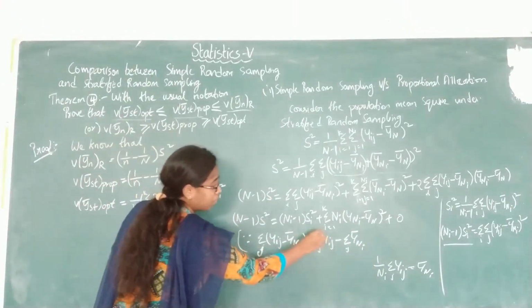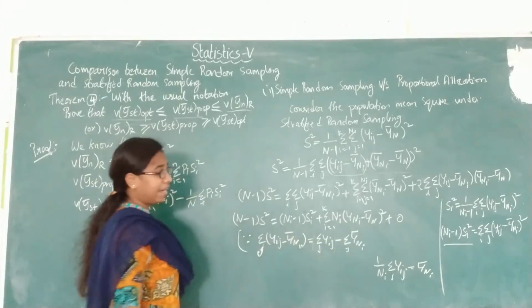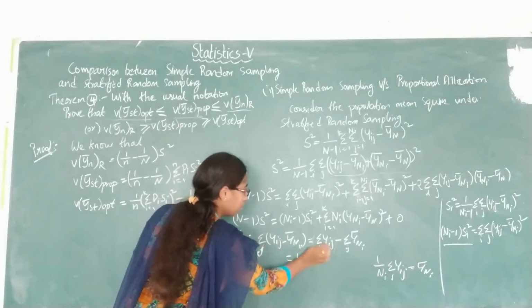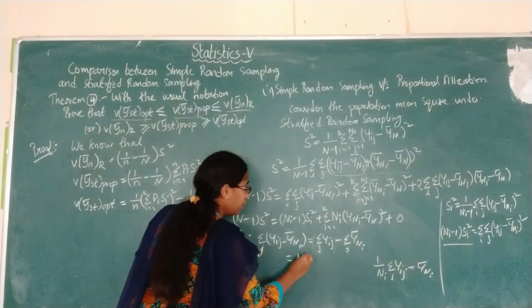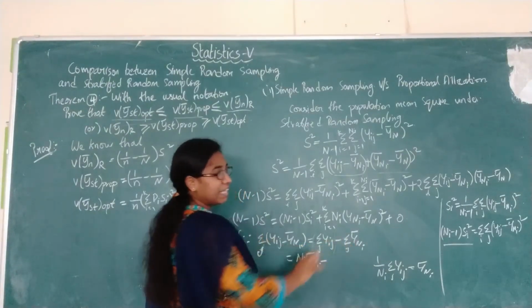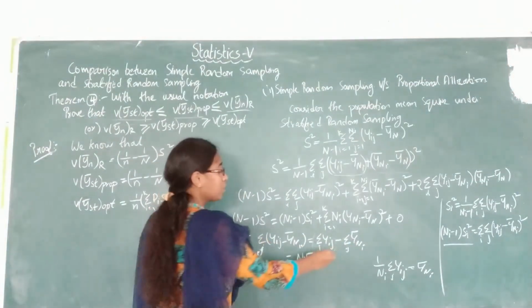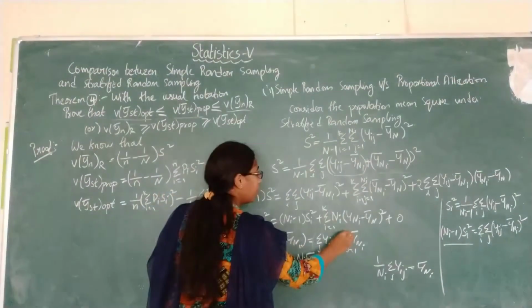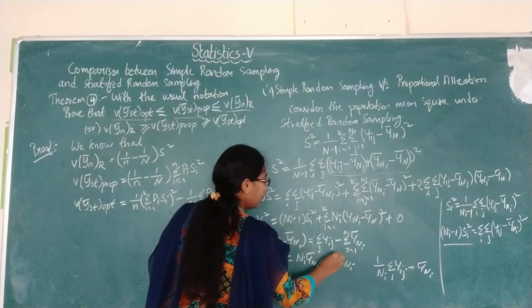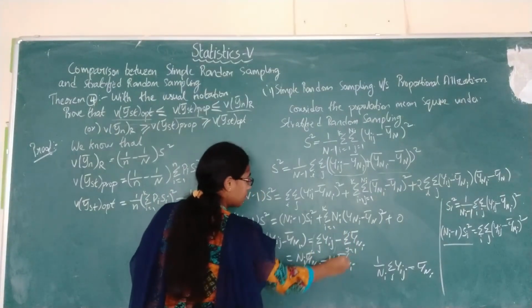So in place of this value I can write ni into yni bar, minus, here there are no i values, so summation over j equals 1 to ni can be written as ni into yni bar. So these two terms get cancelled.